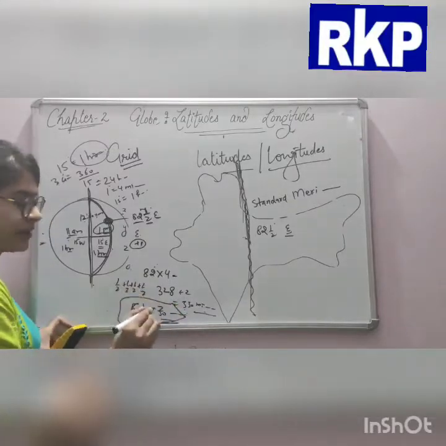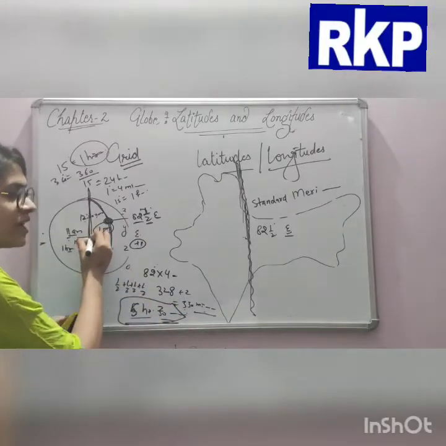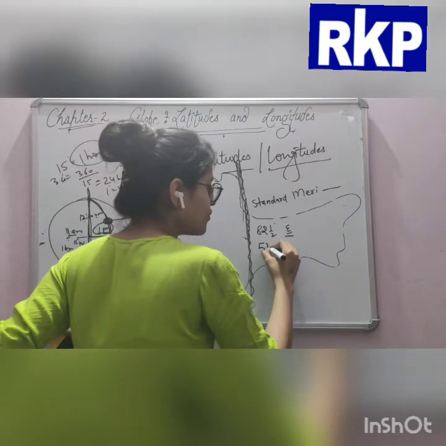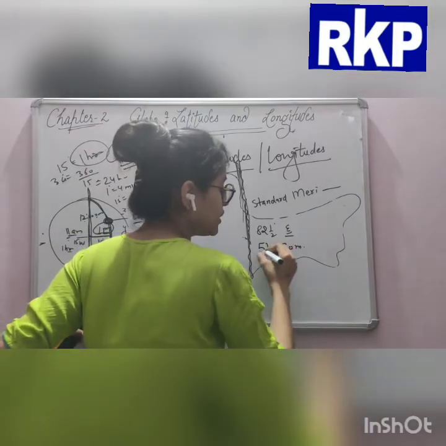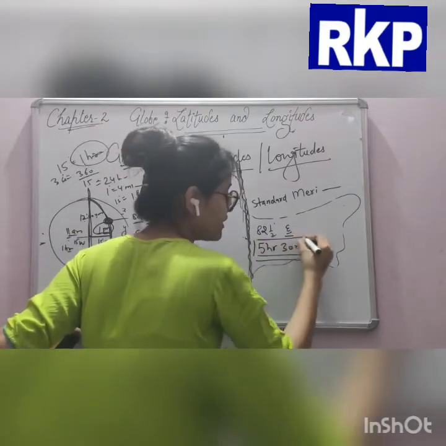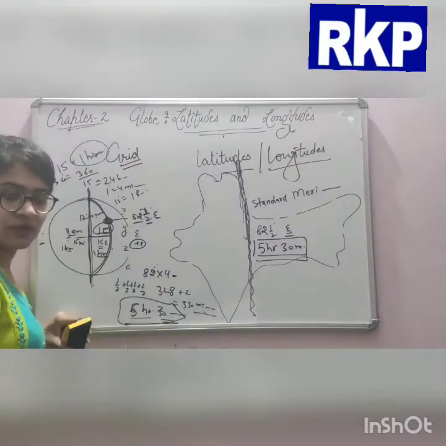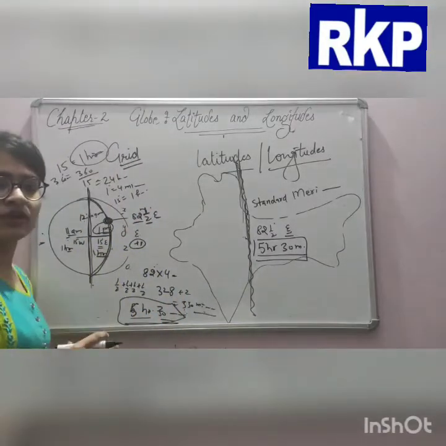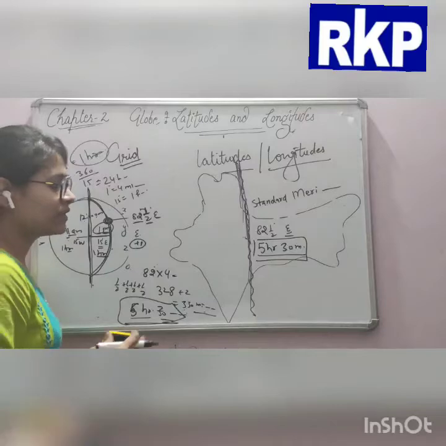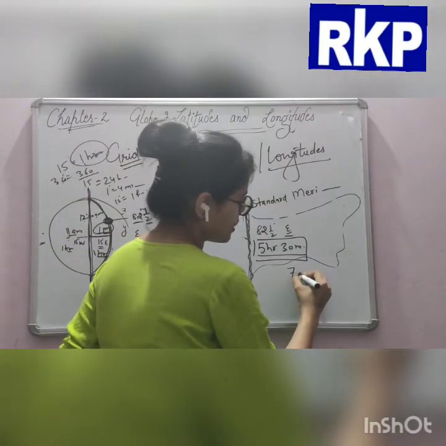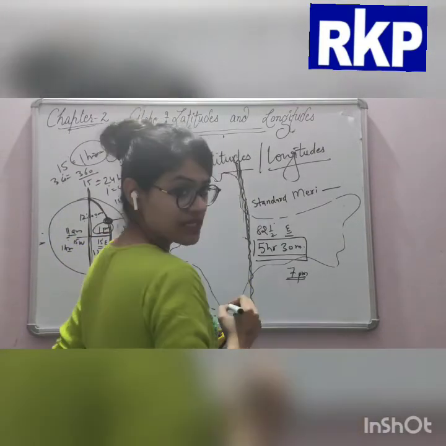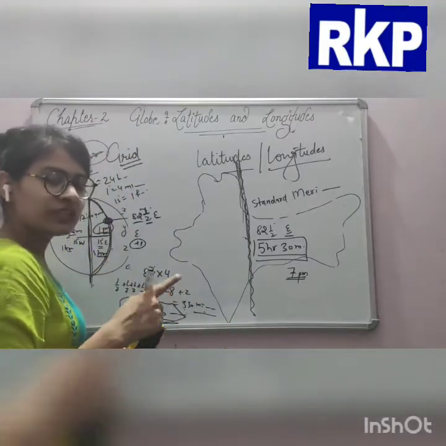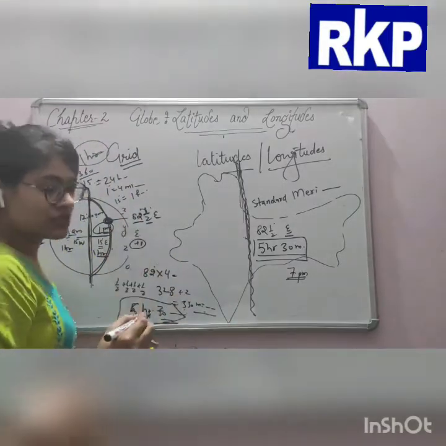So our country is 5 hours and 30 minutes ahead of the time at Greenwich. Okay, suppose the time is 7 p.m., evening 7 p.m. So what will be the time at Greenwich?